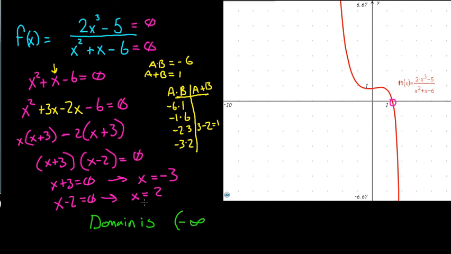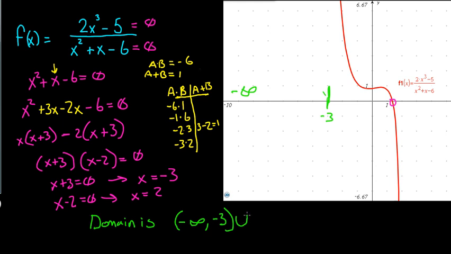So remember, these are all real numbers. This is the only area where it is undefined. So you say negative infinity, and it goes way over here, all the way, negative infinity. And then it's going to become undefined right on this negative 3 x-axis. So then you say to negative 3.